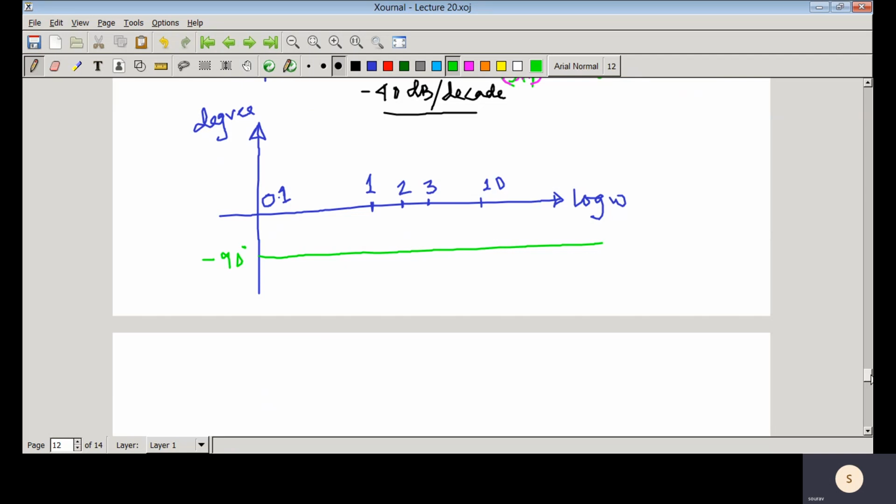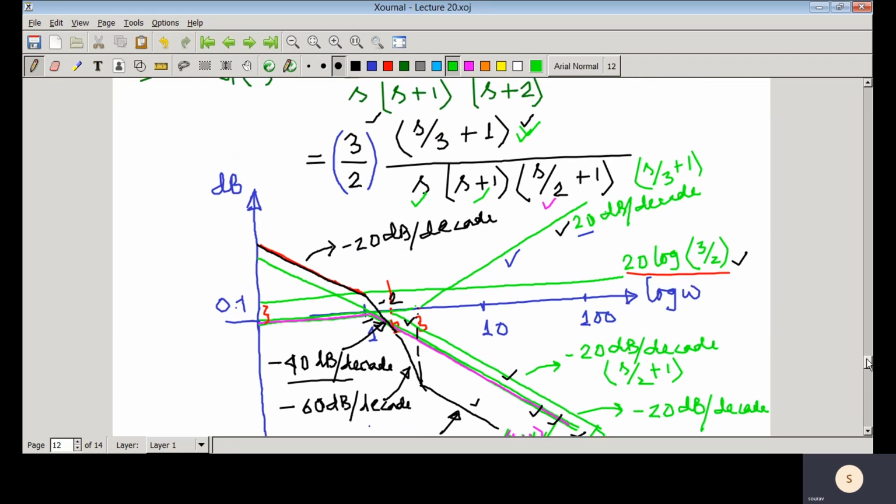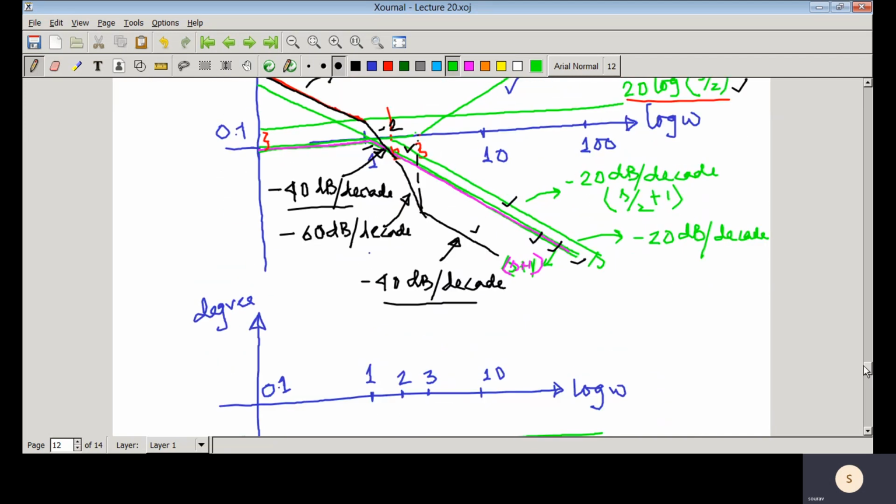Now what happens in case of this S by 3 plus 1? At 3 we can see that we have minus 45 degree here, and that would be that 90 degree. So here the angle is like this, so it goes like that.